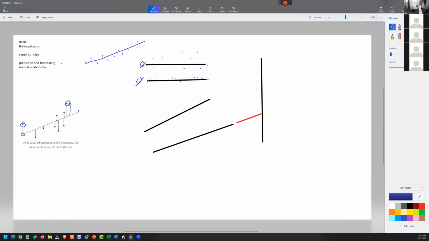But the lower data set is a lot more tightly clustered around the regression line than data set A. So data set B is much more tightly clustered. So the line at B is a better descriptor, is closer to the truth. There's less error.